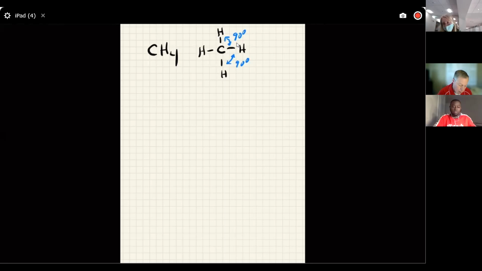That's due to a topic known as valence shell electron pair repulsion, VSEPR. What VSEPR means is that like charges want to get as far away from each other as possible.